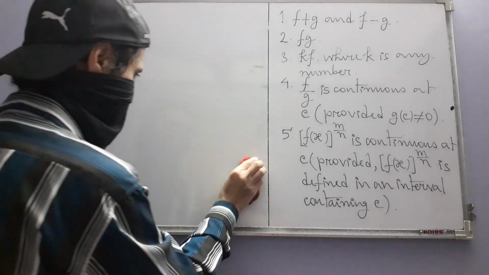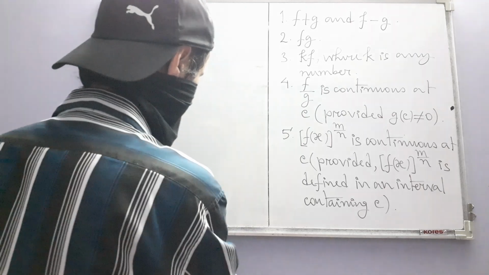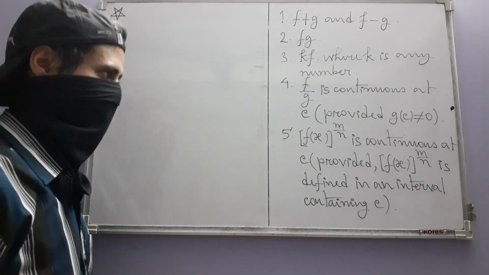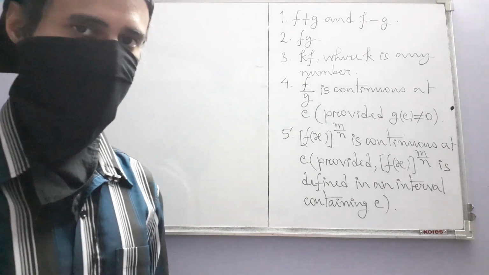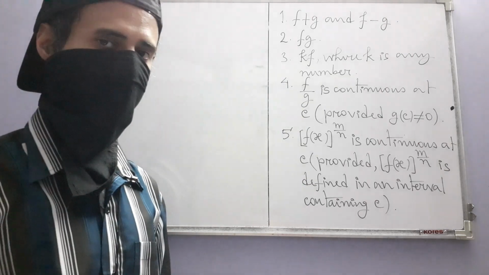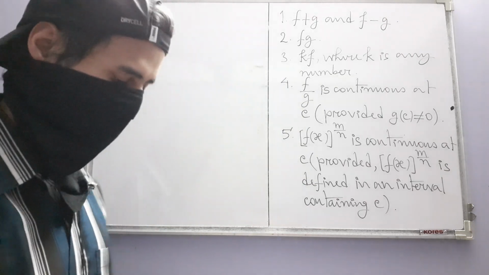Using these rules, we can break down complicated functions into simple functions, and their continuity will give us the continuity of the complicated function.